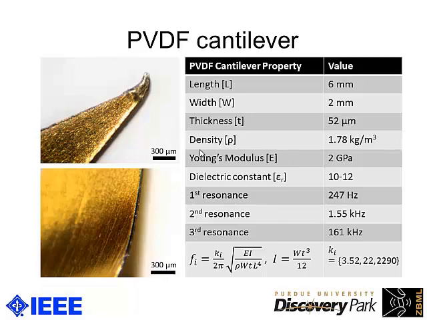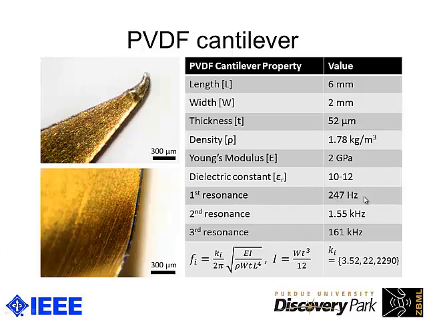We can see that the machining of the PVDF is very good. We get sharp corners. The edges are not ragged. They're very smooth. And these are some of the properties of the PVDF that we were using. We worked with a couple different lengths, 6 millimeters, 11 millimeters. Thickness, we kept that constant for now.